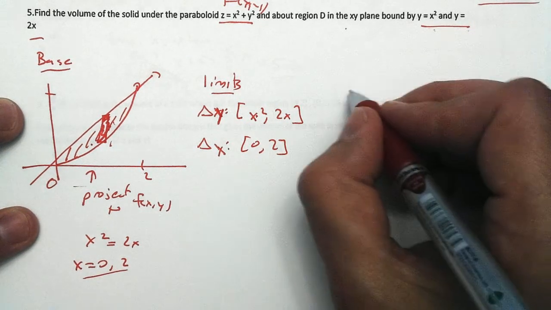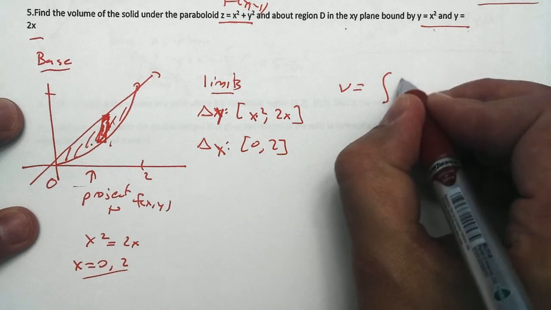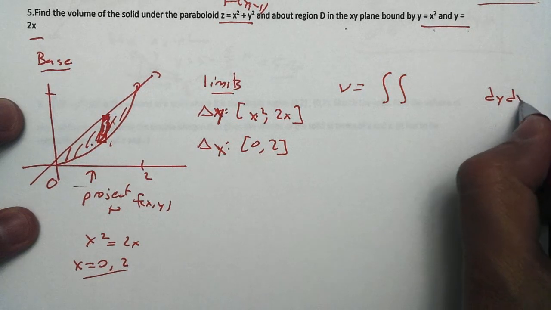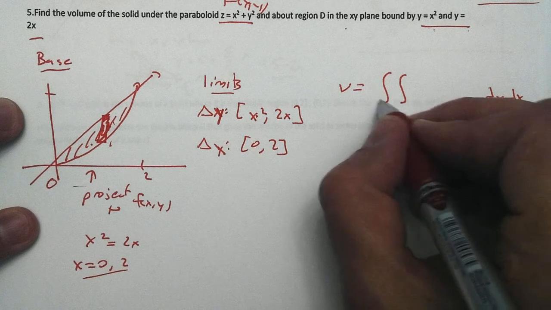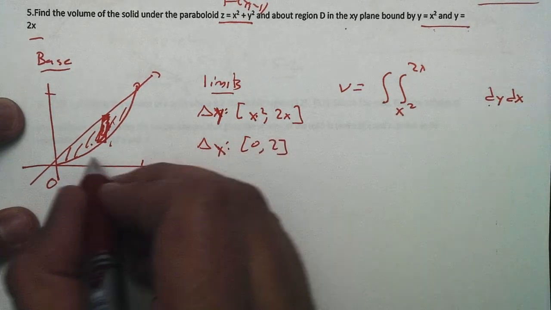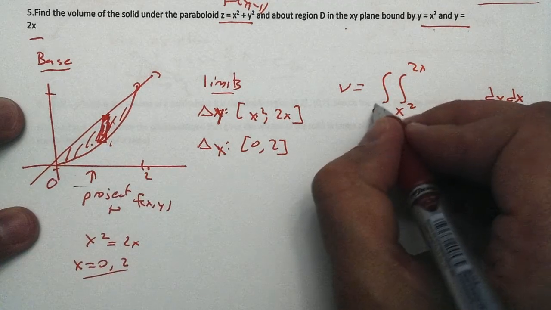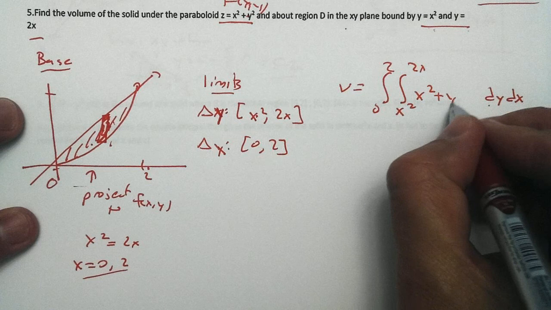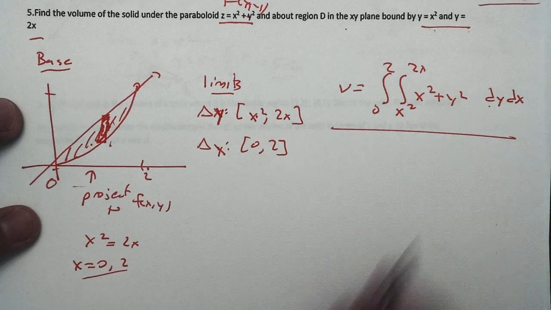So I can get the volume now. Volume equals our double integral, area of the base, dy dx. My y's are going to go from x squared from the bottom to the top, 2x. My x's are going to go from 0 to 2. And the height, I can just plug that in, x squared plus y squared. And you can solve that.